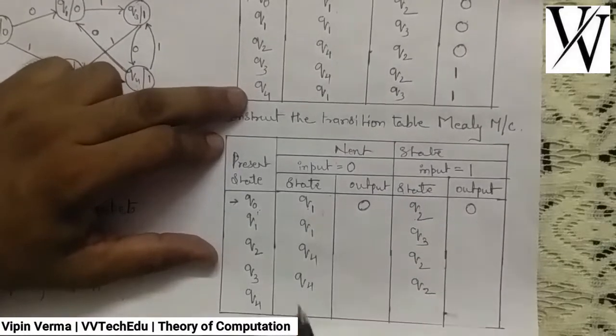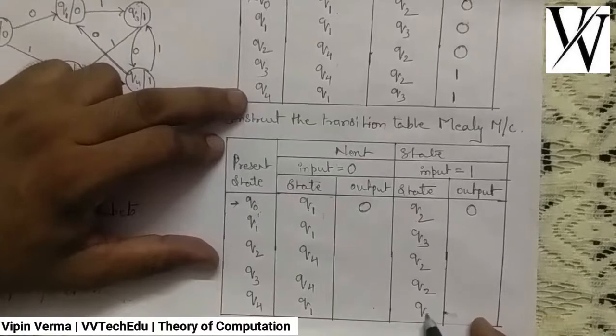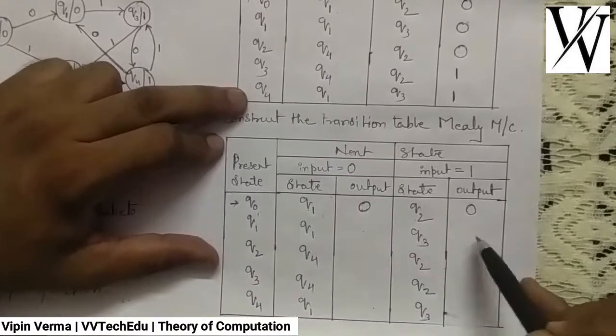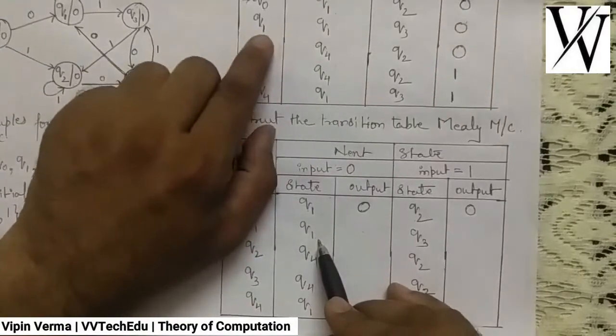So just Q1 and Q3. Now the corresponding outputs of these states.